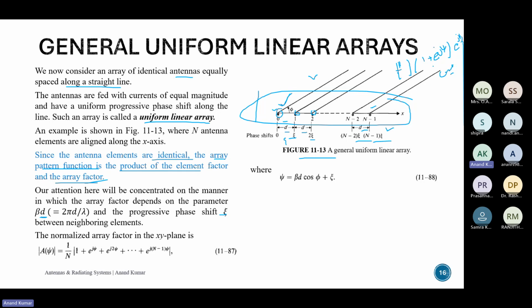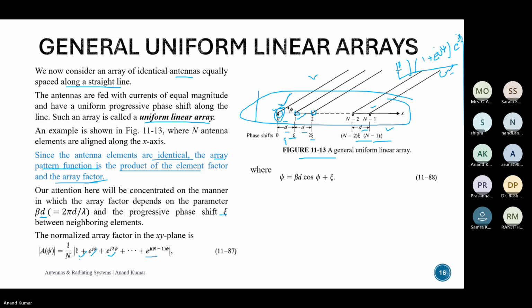So let's not go there and just write the terms. The first term gives us 1, the second term gives us e power minus j xi, the third term gives us e power j2 xi, and so on.